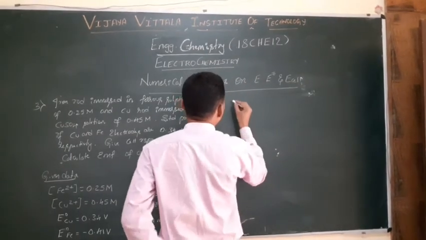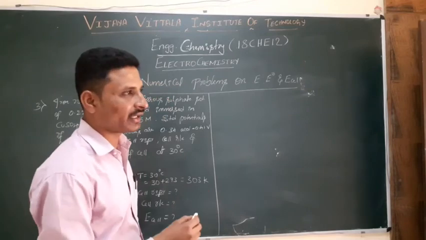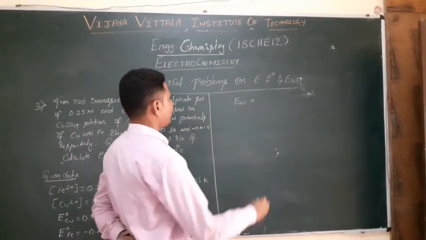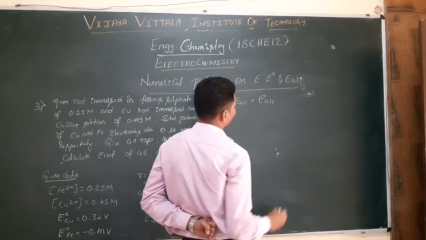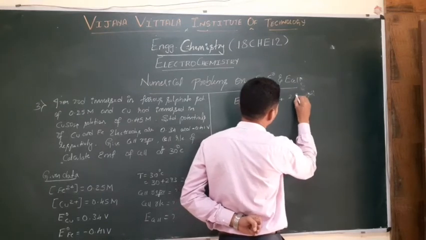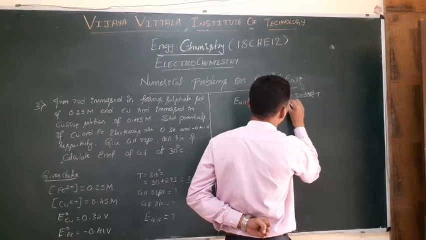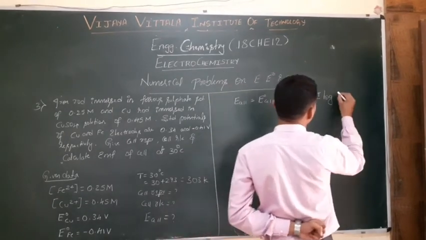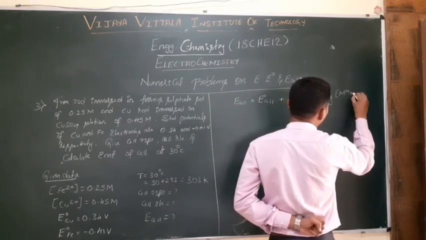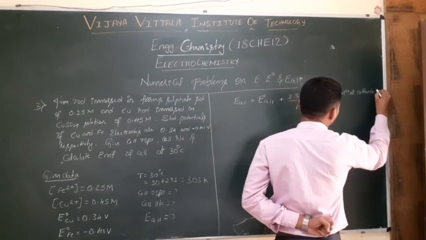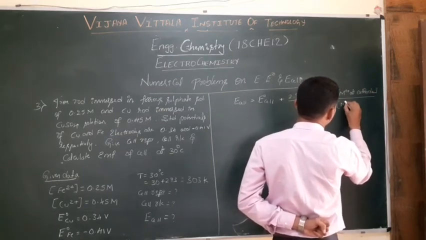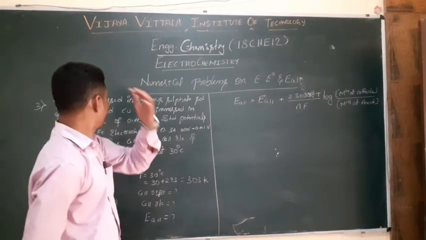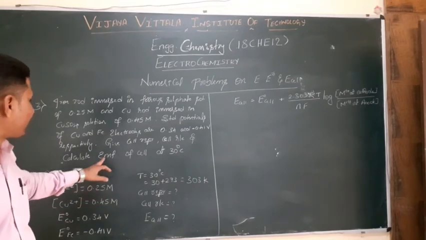So apply the Nernst equation for a galvanic cell, that is, E cell is equal to E naught cell plus 2.303 RT divided by nF into log of molar concentration of metal ions Mn plus at the cathode divided by molar concentration at the anode. This equation is applied for calculating the EMF of the cell.